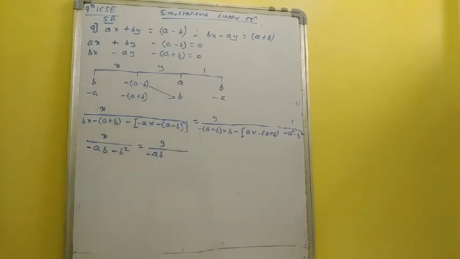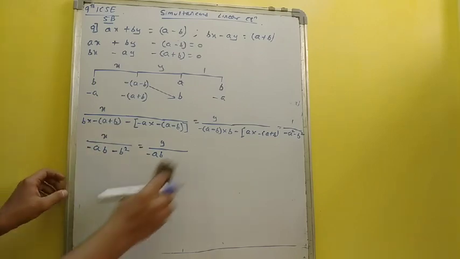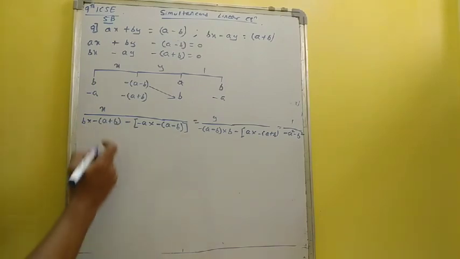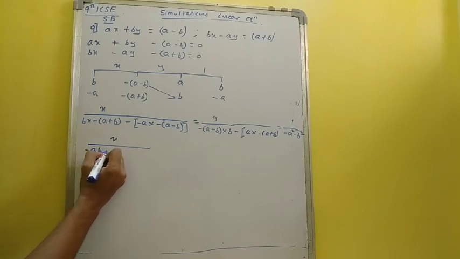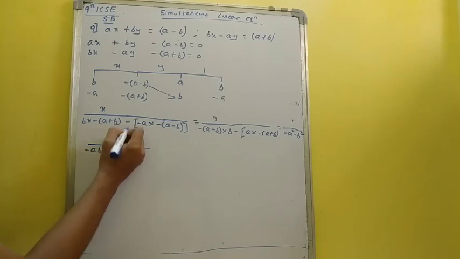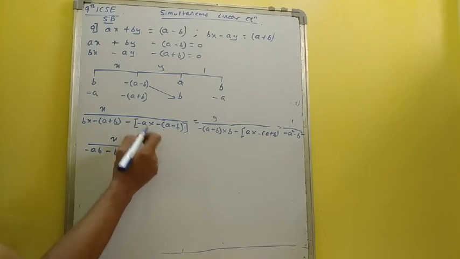Okay, we have this part as well. So x upon b minus ab minus b square minus, when I minus, it becomes plus.